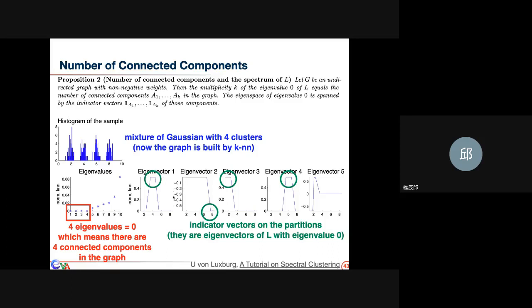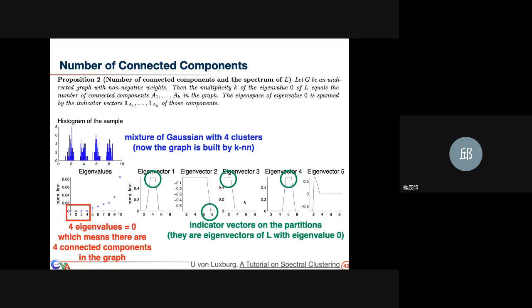Here, according to this example, we not only verify the idea we just mentioned, that the number of zero eigenvalues and the number of connected components should be equal to each other.